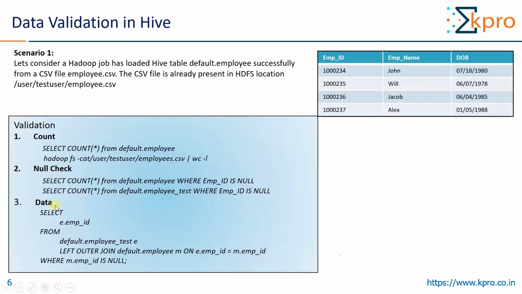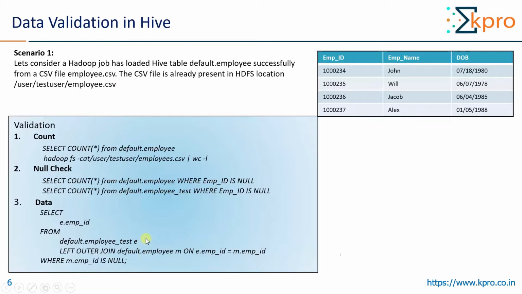For data validation, I'm going to use the external table and the Hadoop-created table, and I will make a left outer join between them on the key column employeeID, where m.employeeID, that is the table created by the Hadoop jobs, is null.